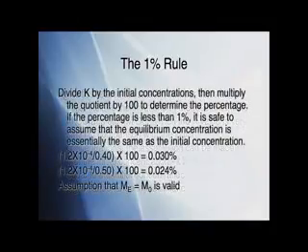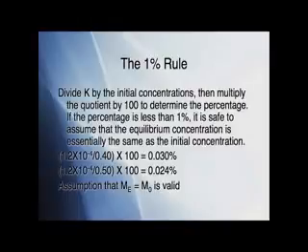So here's how you use the 1% rule. You're going to divide the value for K by the initial concentrations and then multiply that quotient by 100 to determine the percentage. If the percentage is less than 1%, it's safe to assume that the equilibrium concentration is essentially the same as the initial concentration.